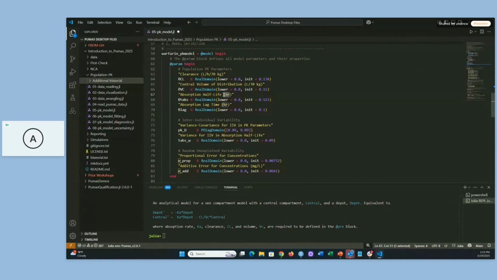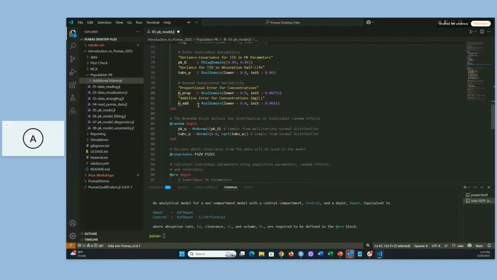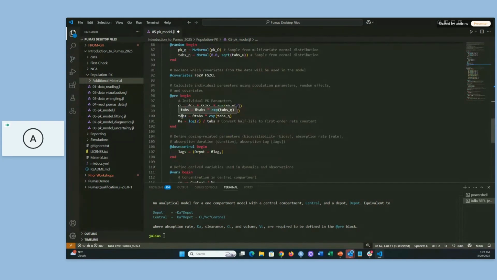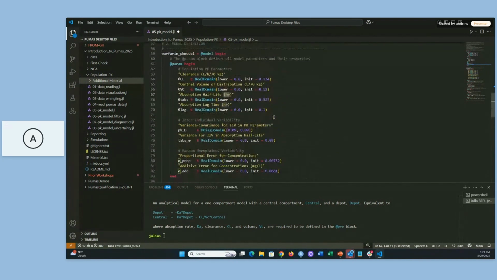Okay, well, absorption half-life is what theta tabs is equal to. If we go down to pre-process, it's a half-life, and we're converting and deriving the Ka within the model. So again, adding notes, adding things, not just for yourself, but whoever may use it later on, is you just being a friendly scientist to the next person down the line.